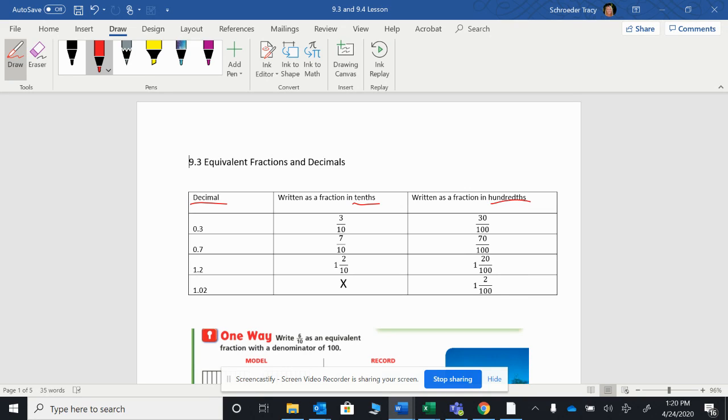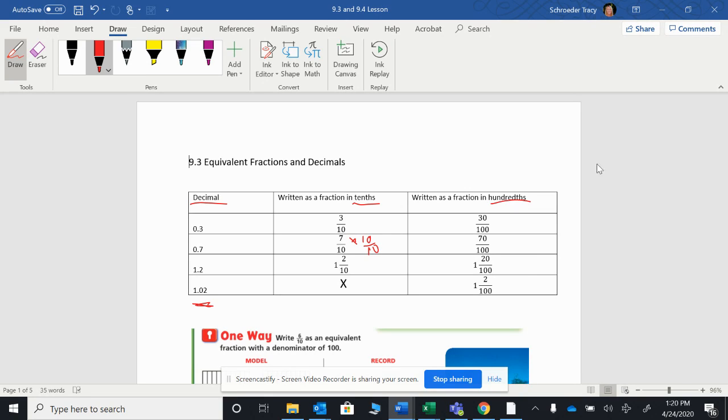To write an equivalent fraction, I multiply the numerator and the denominator by 10, and I will get 70/100ths. Or if I have 1 and 2/10, I have 1 and 20/100ths. But in this case, this last one down here, I have 1 and 2/100ths. It cannot be written as tenths, but it can be written as 1 and 2/100ths.